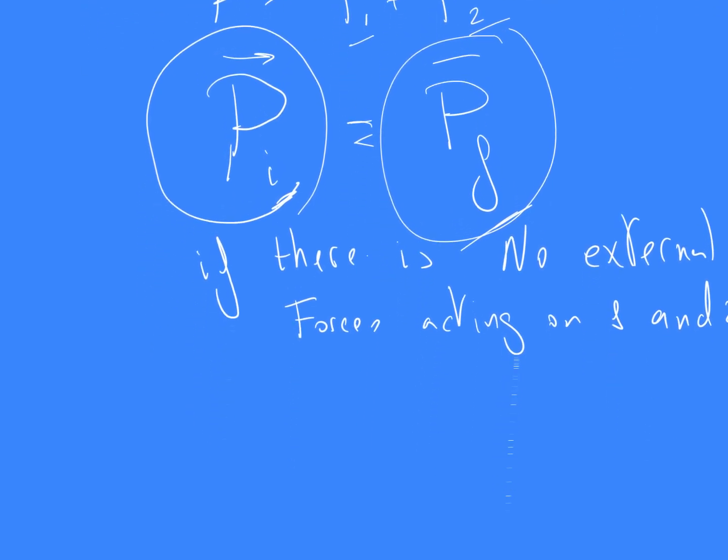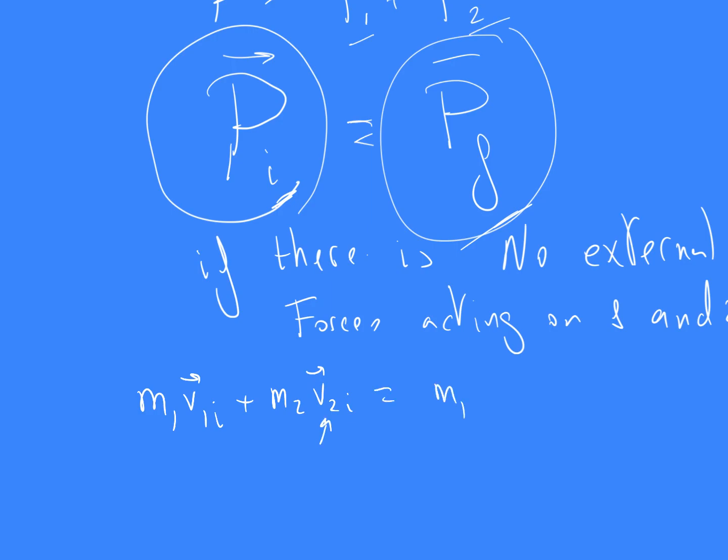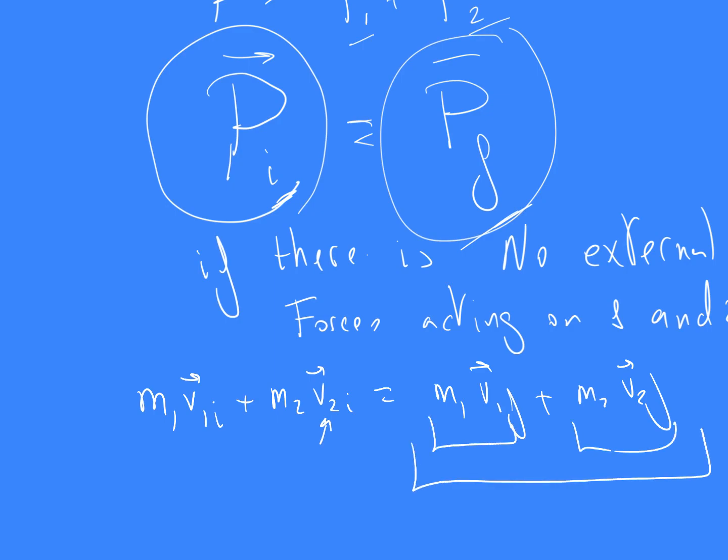So in one, M1 V1 initial vector plus M2 V2 initial, the second particle initial, equals M1 V1 final plus M2 V2 final. And this is a vector, this is a vector, this is the sum, and this is a vector, this is a vector, and this is the sum.